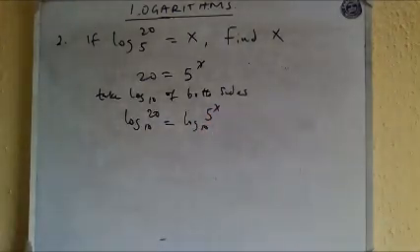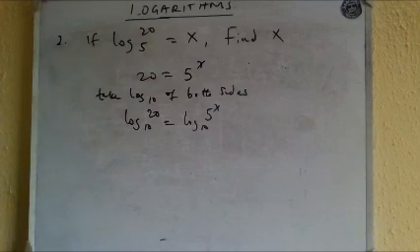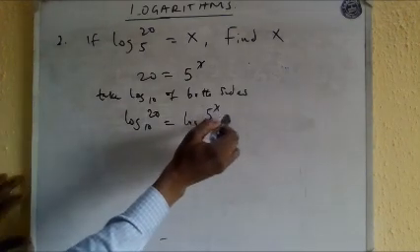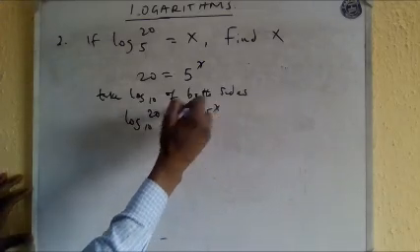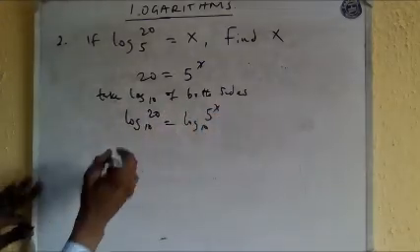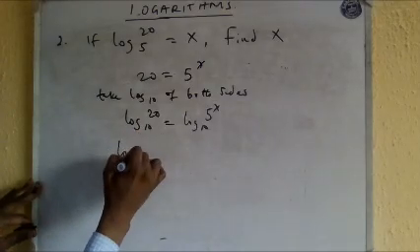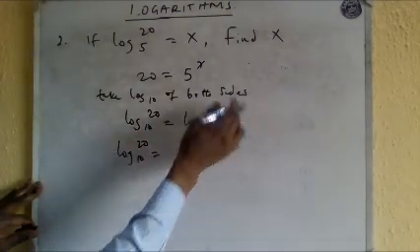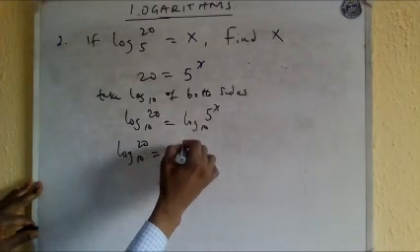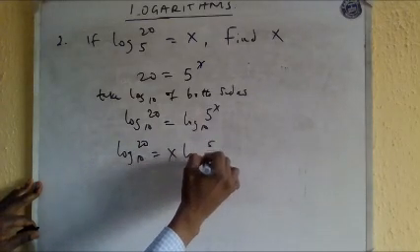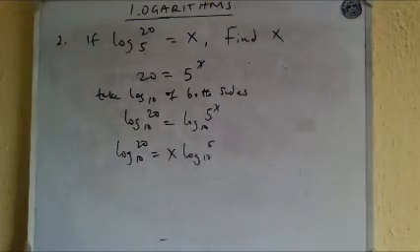Okay, so at this point, I can now decide to do the power law here, where this one will drop down. So I have this side still log 20 to base 10 is equal to, this one drops down, x times log 5 to base 10. So I'm looking for x.